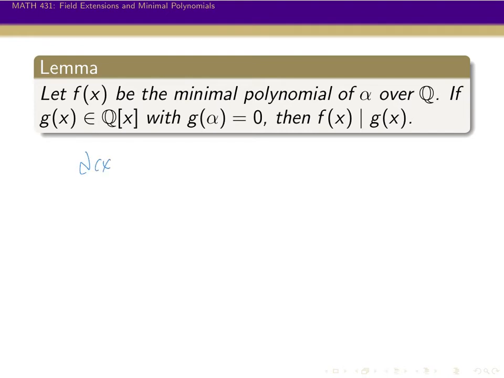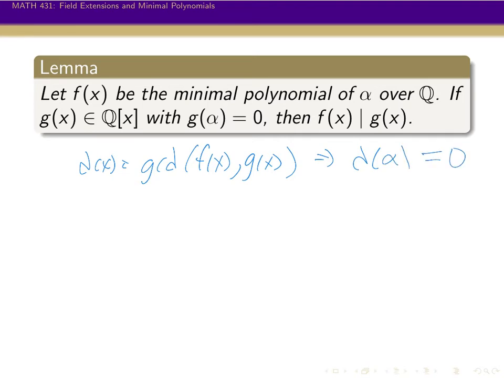If we let d of x equal the GCD of f of x and g of x, then alpha is also a root of d. And so this means that d of x equals f of x. So f of x divides g.